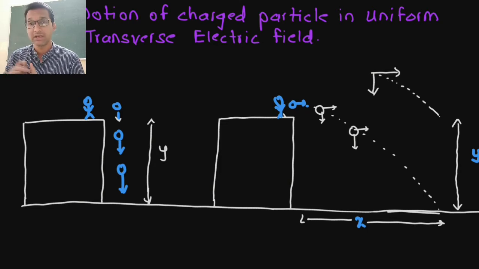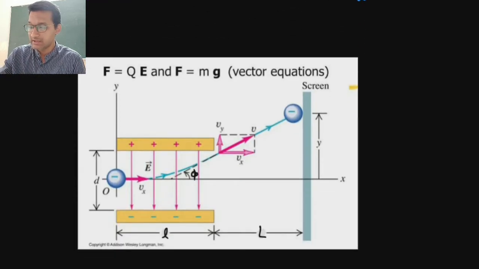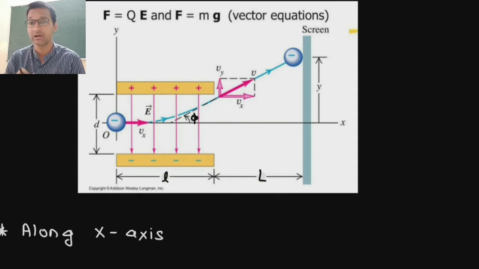Now let us apply the same concepts to electric field. So this is an example. A negatively charged particle having initial velocity ux enters the electric field. Now it is entering perpendicular, at an angle of 90 degrees to the electric field.